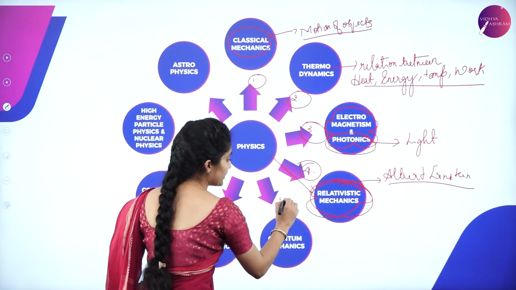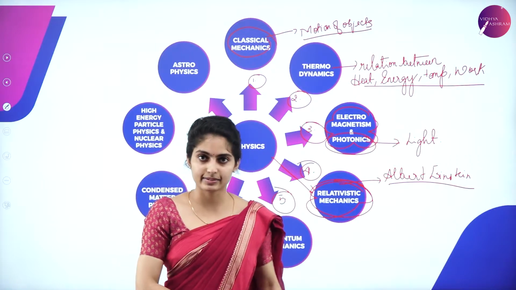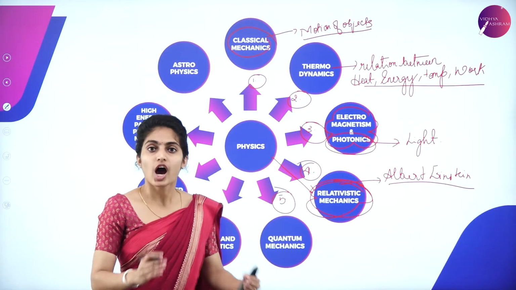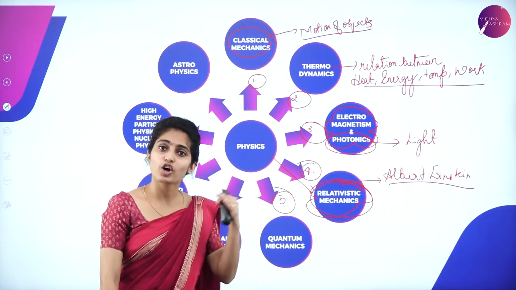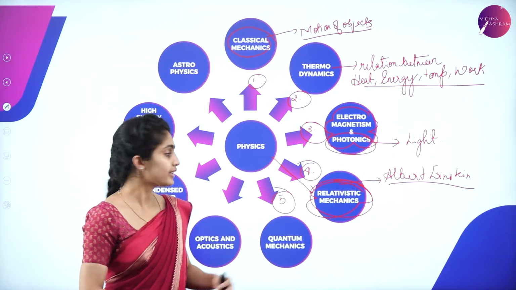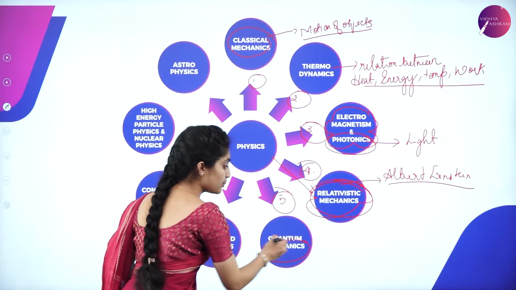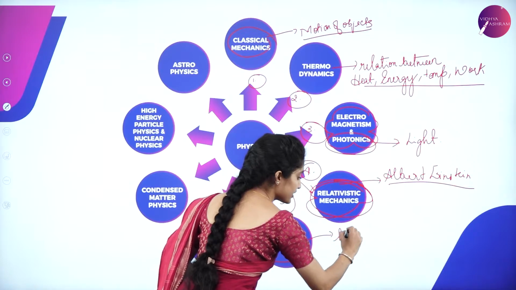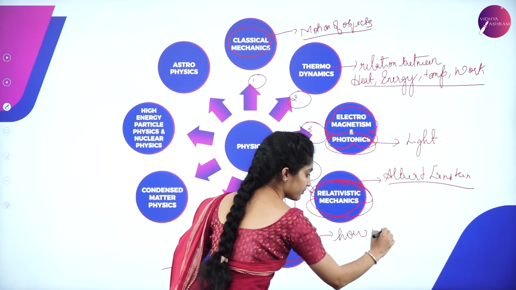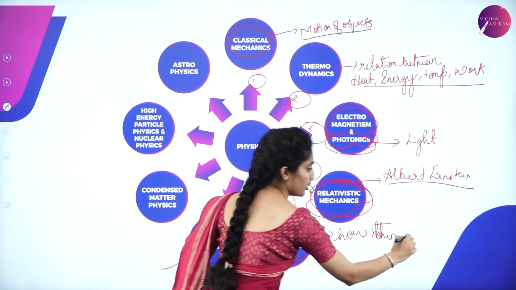When you come to quantum mechanics, that is the fifth category. Quantum mechanics is all about how the universe works at a scale smaller than the atoms. Mechanics is a branch of physics that explains how things move.